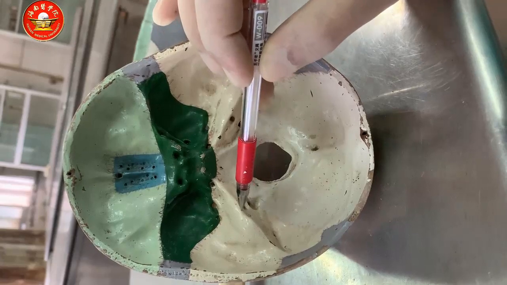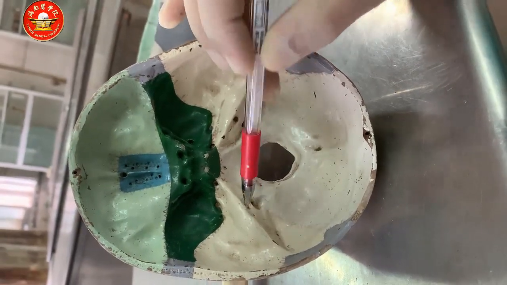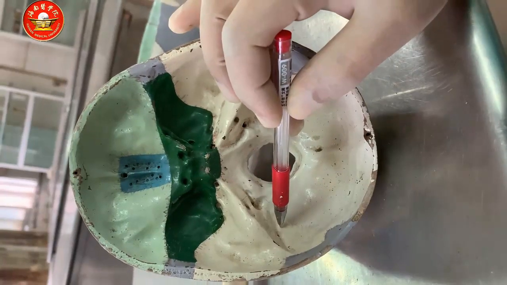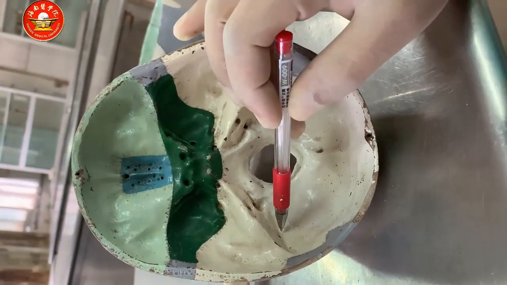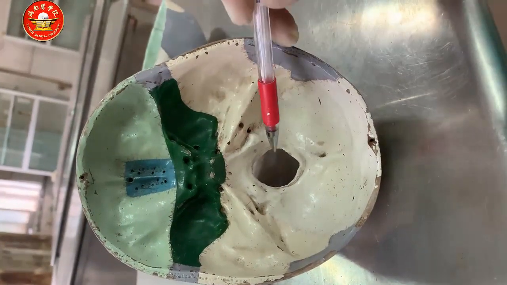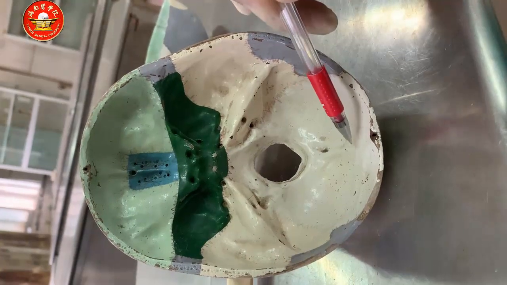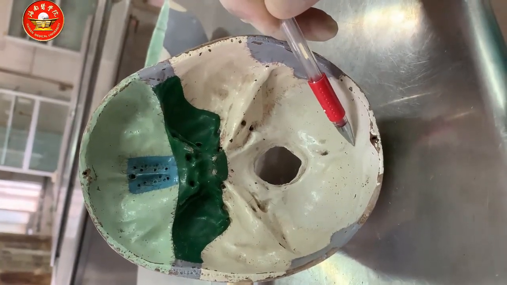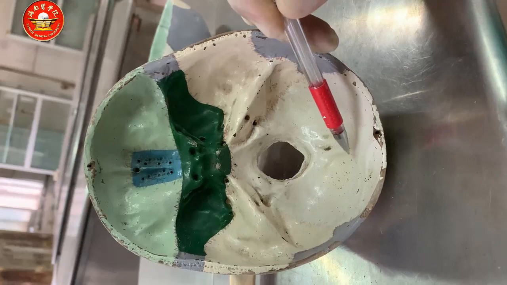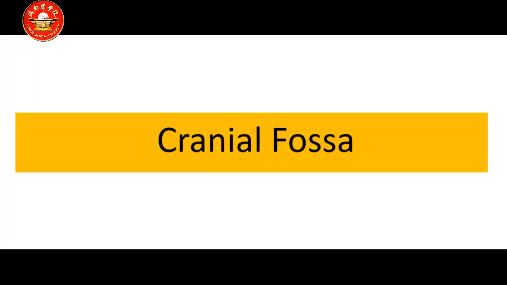This one here is the superior border of the petrous part of the temporal bone, and in this place we have the groove for the sigmoid sinus. We have the foramen magnum, the internal occipital crest, and here the internal occipital protuberance, and on both sides the grooves for the transverse sinuses.